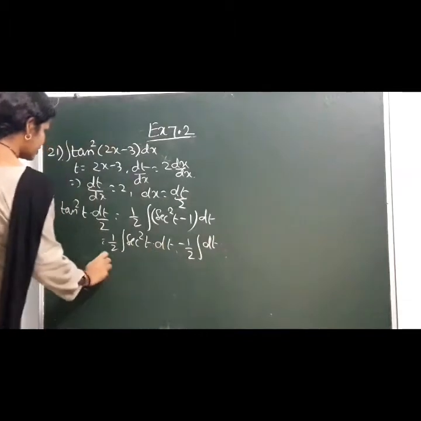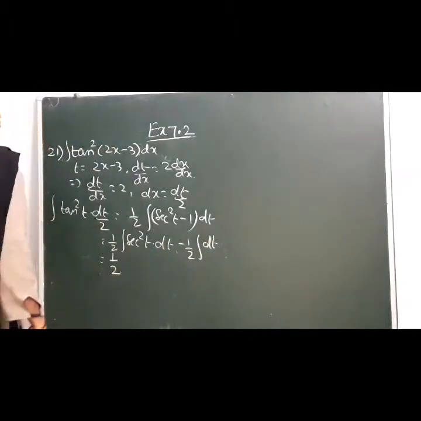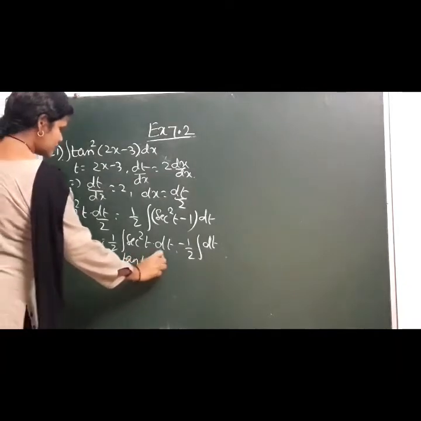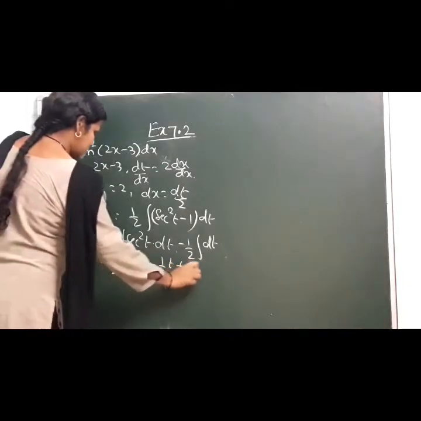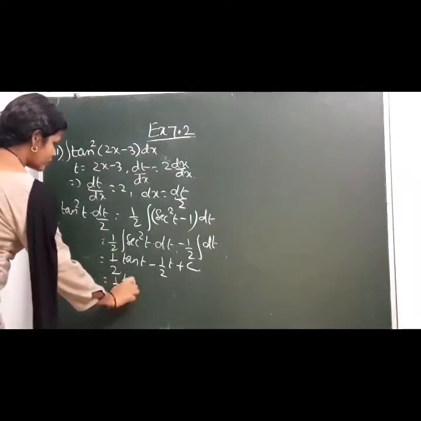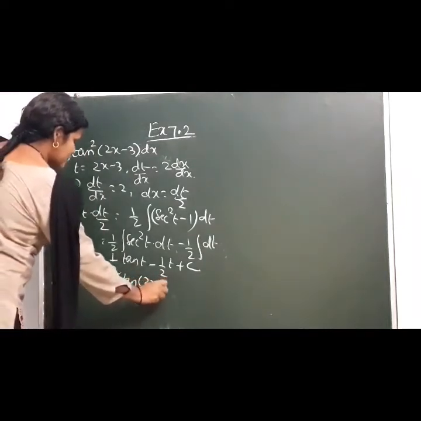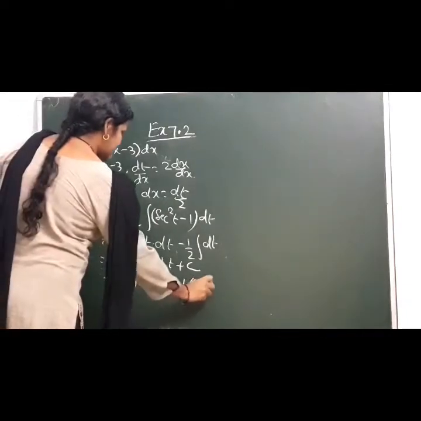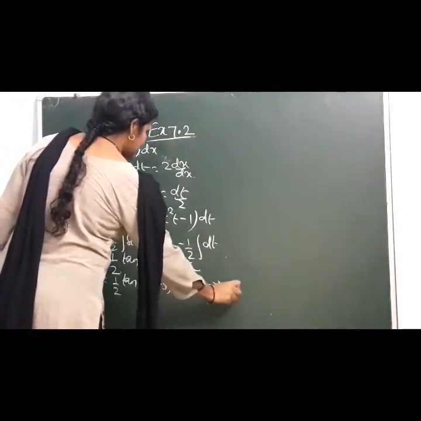The integral of secant square t is tan t, so 1 by 2 tan t minus 1 by 2 t plus c. So what is the t value here? 1 by 2 tan (2x minus 3) minus 1 by 2 (2x minus 3) plus c. This is the answer.